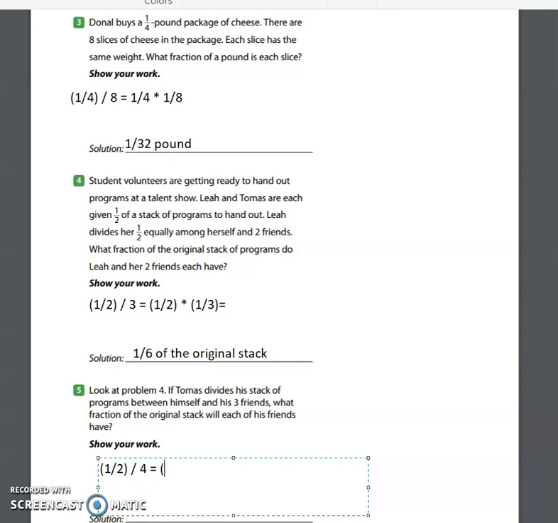We know that is the same as our 1/2 of the stack being multiplied by 1/4. And our answer would be 1/8 of the original stack.